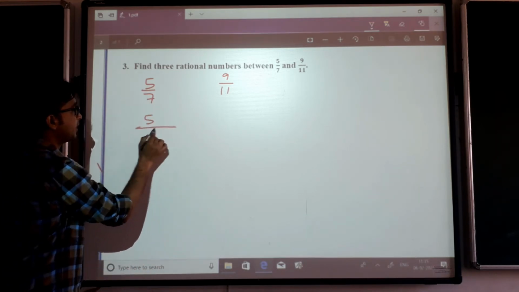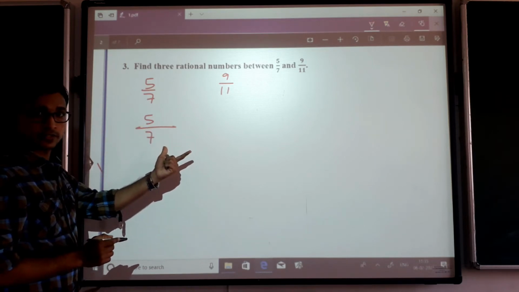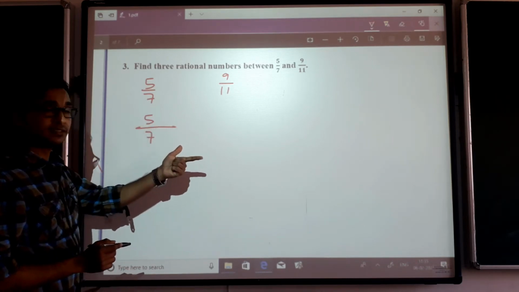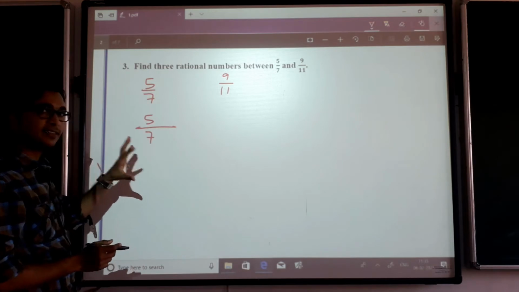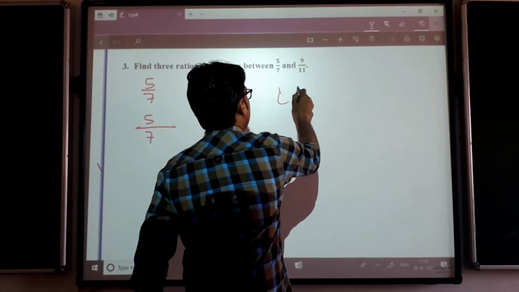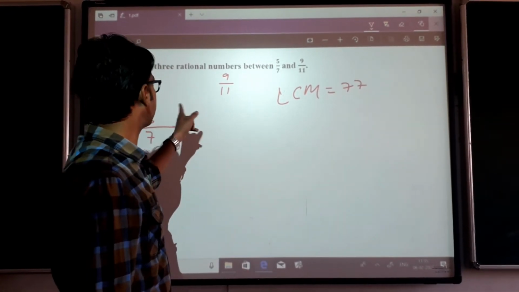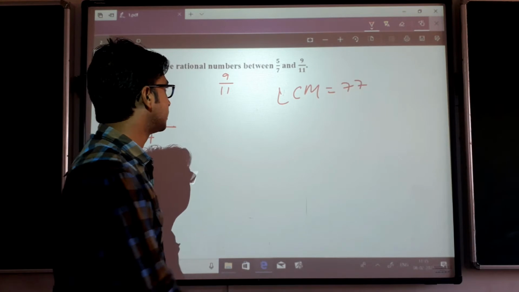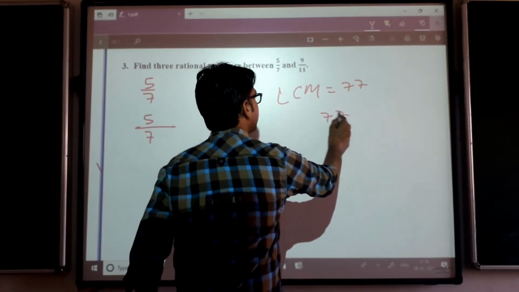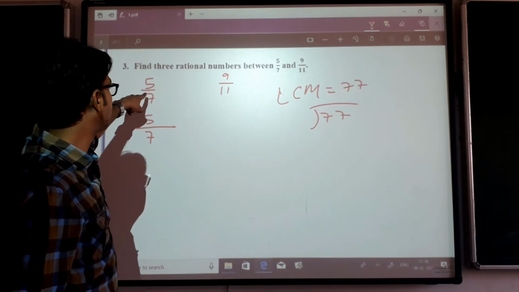Clear? So write here 5 upon 7, and the LCM of 7 and 11 is 77. So you just divide 77 by the denominator of the first rational number, which is 7.